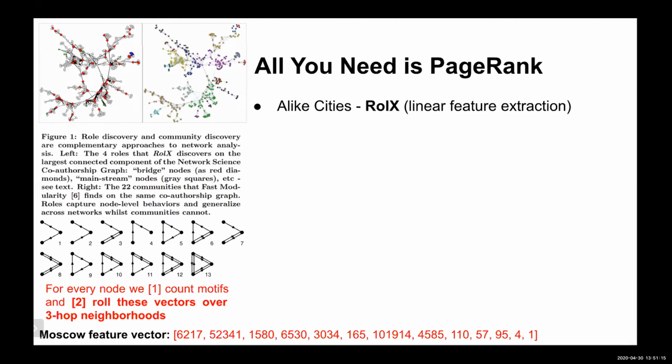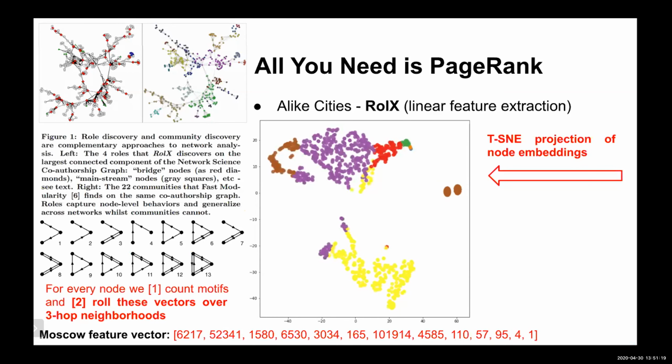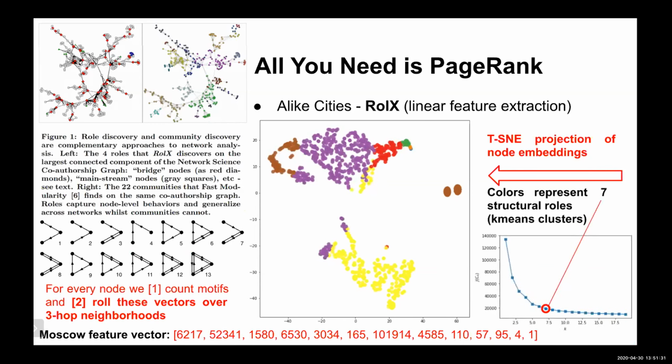So next thing to do is to test whether or not it works. And the first test we run is a TSNE projection to make sure whether or not those embeddings are positioned in some structure. Next, we cluster those embeddings in order to find out similar structural roles for nodes.